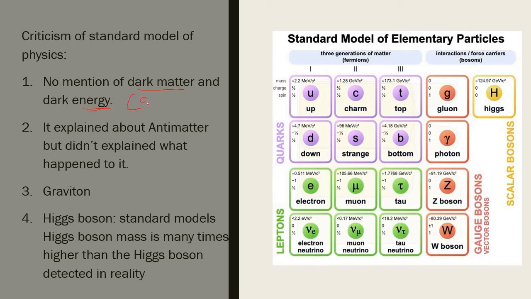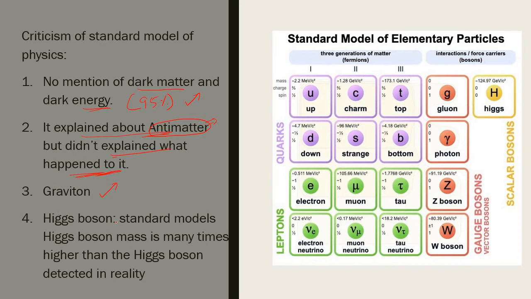These two constitute almost 95% of our universe, but the standard model says nothing regarding them. It explained antimatter, but it didn't explain what happened to it. We'll discuss antimatter in the next few slides. And graviton, as we discussed, was not yet detected.